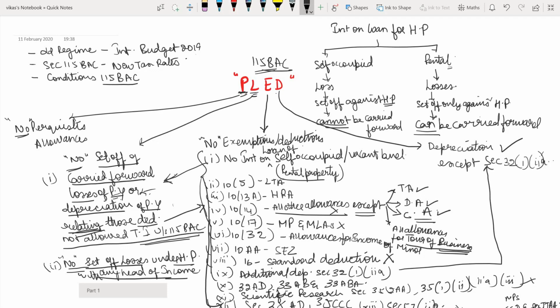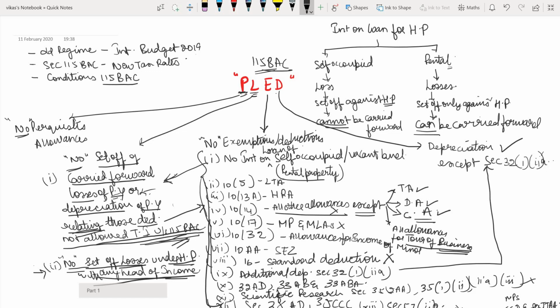All those deductions which are not allowed under total income while computing the total income under section 115BAC. And also no set off of losses under the head house property with any head of income. That means losses under the head house property will be allowed to be set off only against income under the head house property.